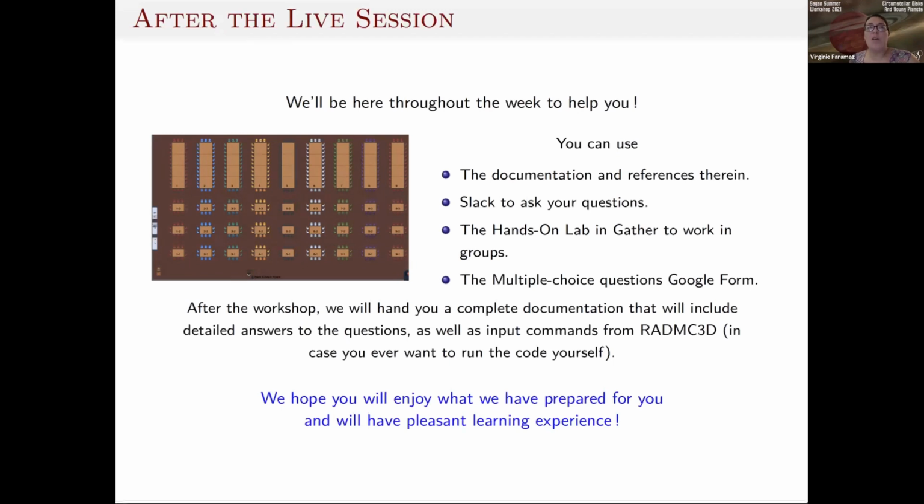I don't think I've been exhaustive, but I've given an indication of what I've been using. The final documentation will include all the input commands that I used, so that you will be able to see that.